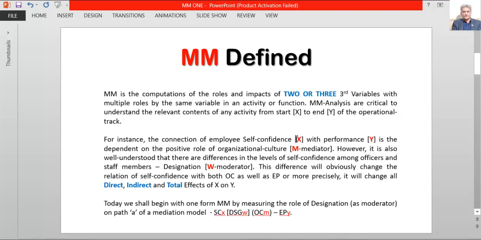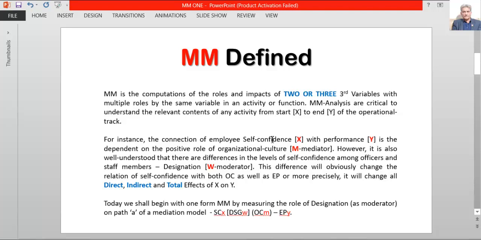In our last video, we discussed that the self-confidence of an employee can play a role in his or her individual performance as well as organizational performance only when the organizational culture is supportive to apply the tools and techniques emerging from the self-confidence.